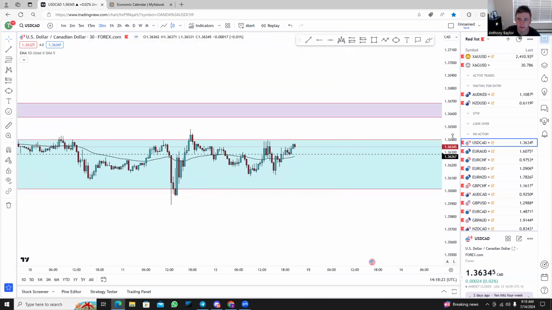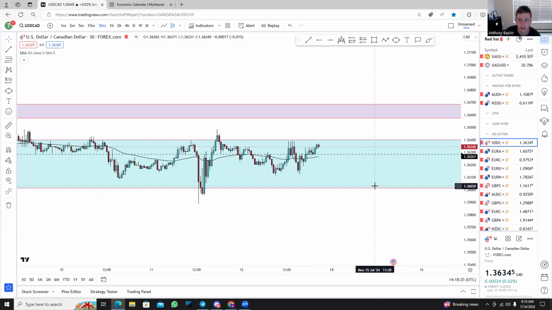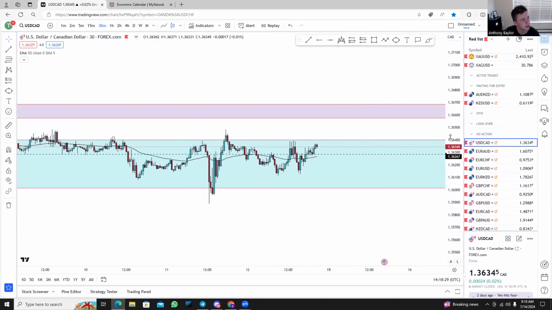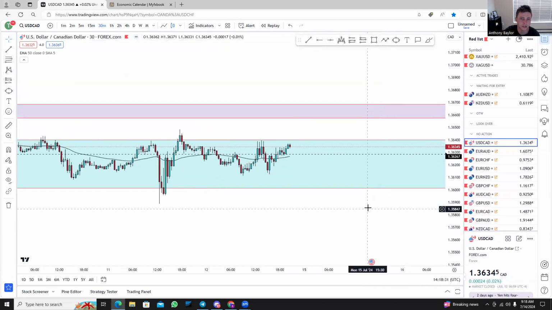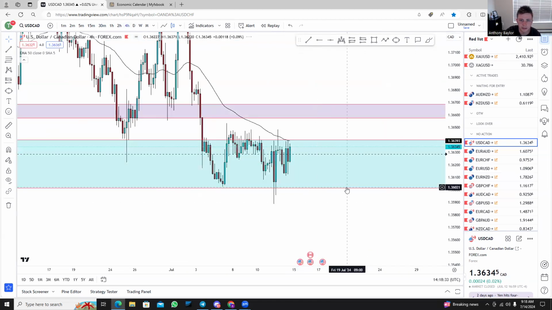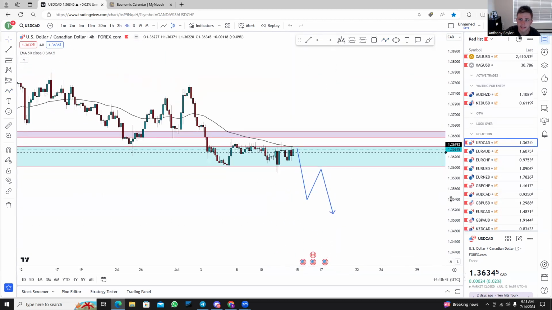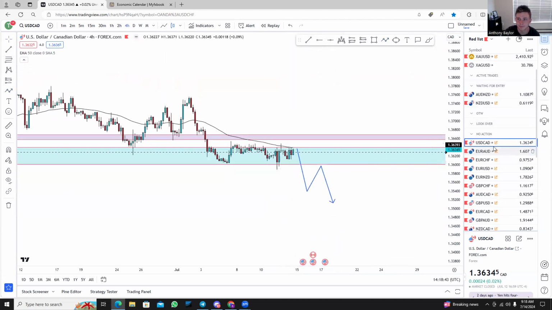That's what I'll be looking for on USD CAD. Like I said, I will not take it if it doesn't give me an entry signal and a shift in structure. But that's the idea. We want to see this trade go to the downside. That's our trade idea. I like that.